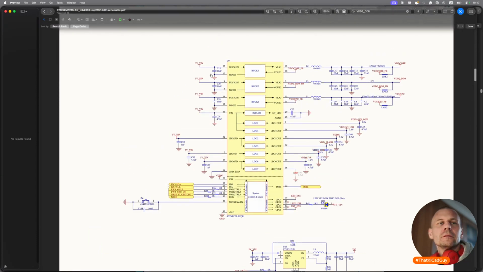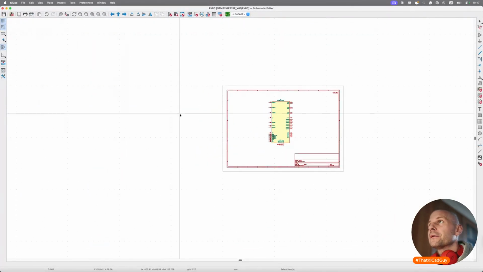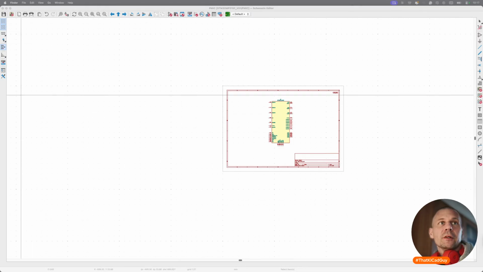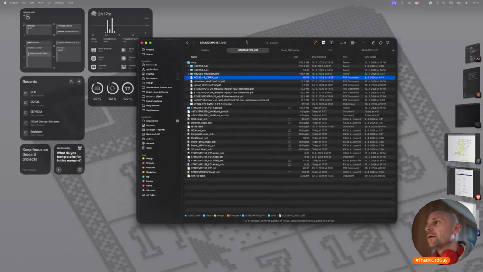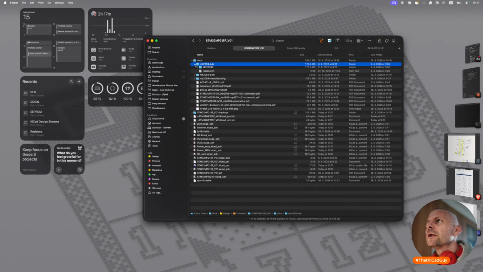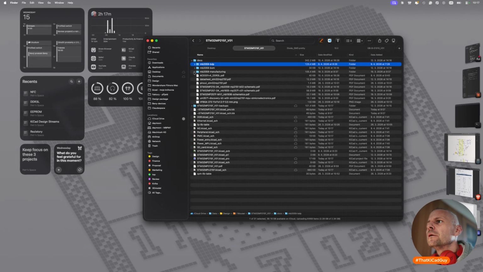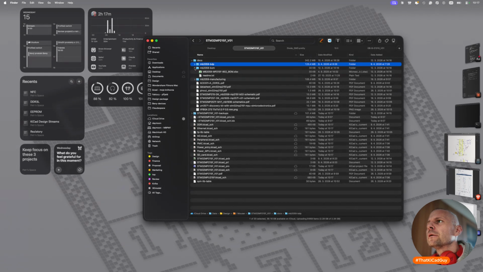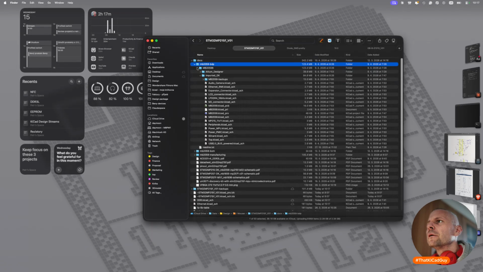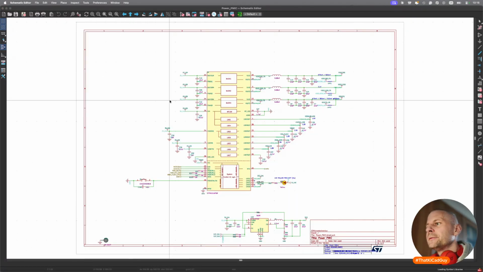So as before, we can start with the imported project because it saves time. Where is the data imported? It was the power PMIC, this one.